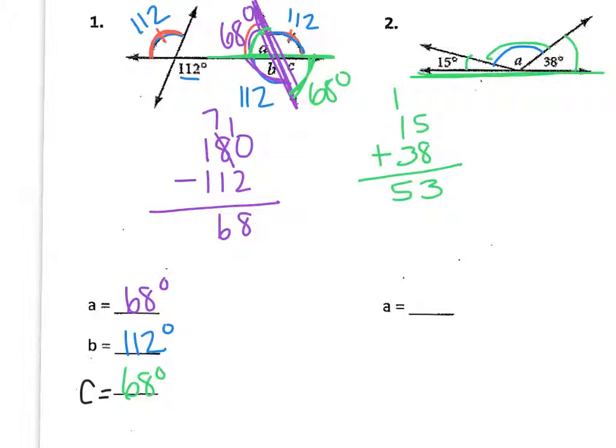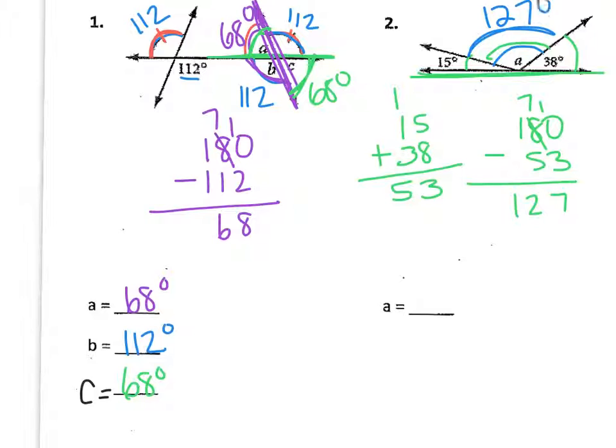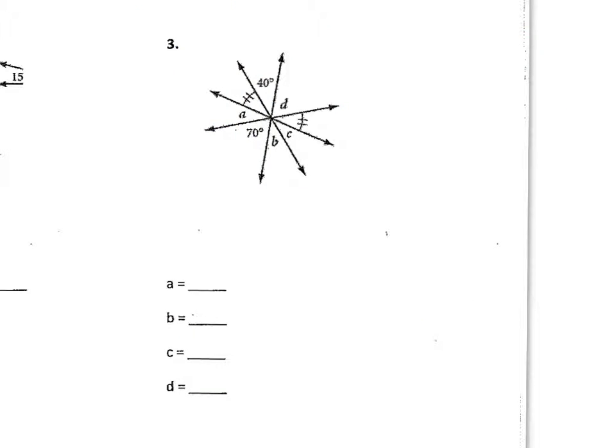And if we do 180 minus 53, that will tell us how many degrees are left over for angle A. So angle A must be 127 degrees. Let's look at some more examples.